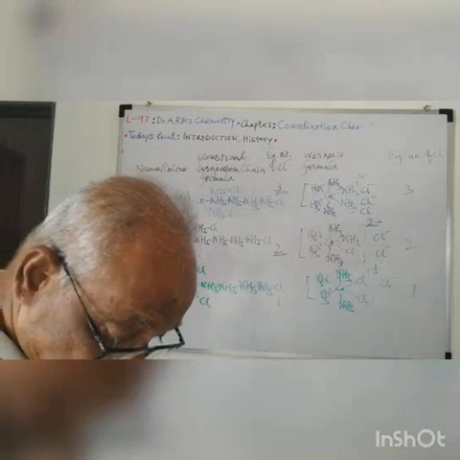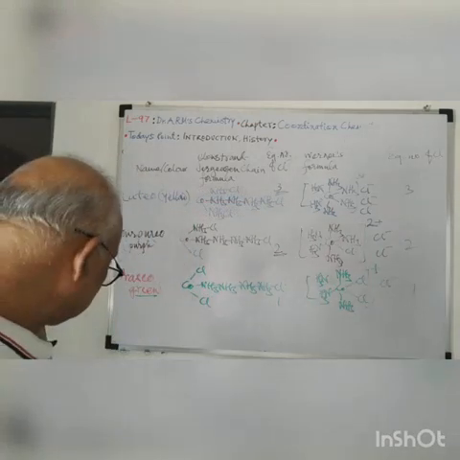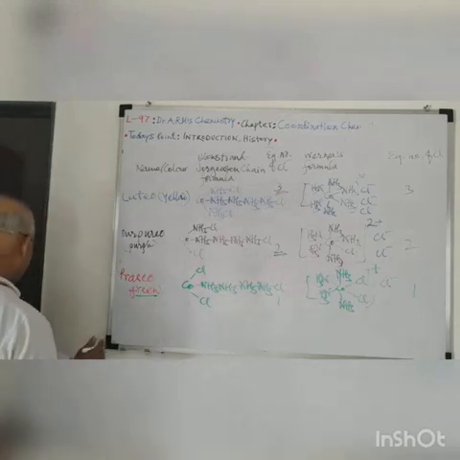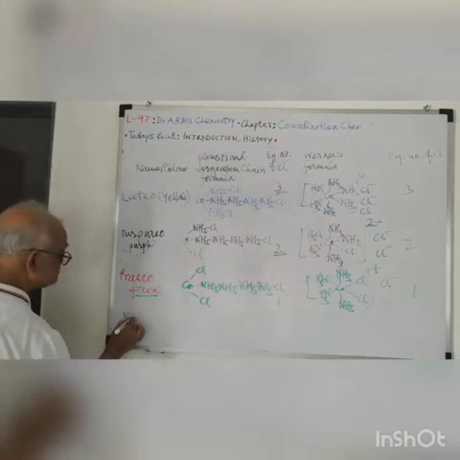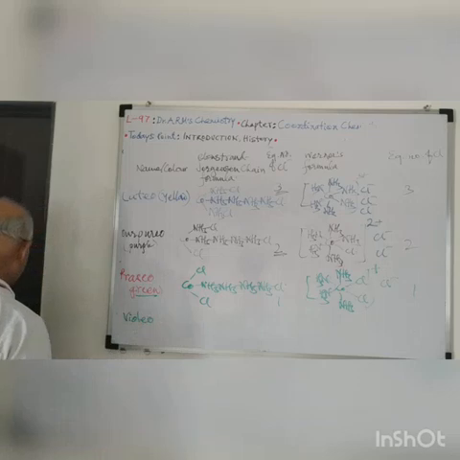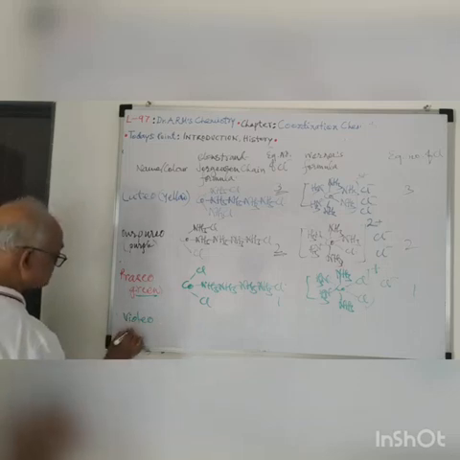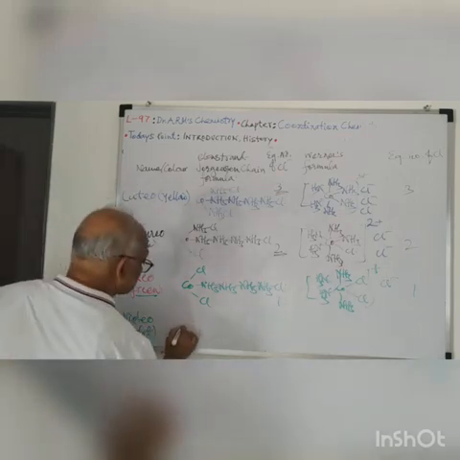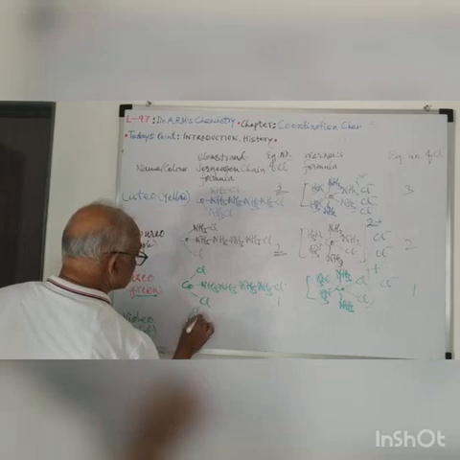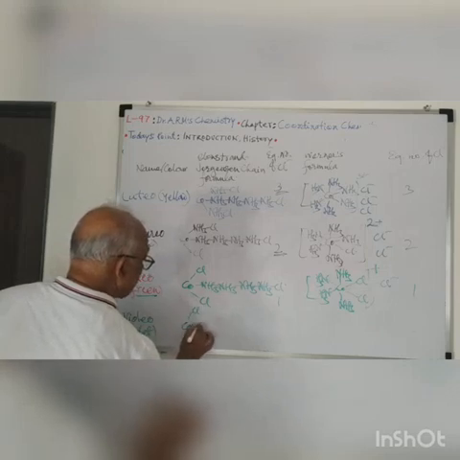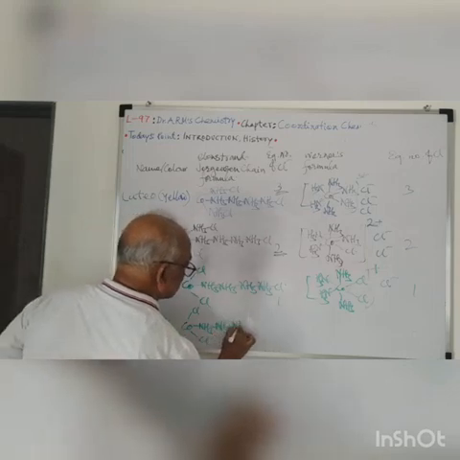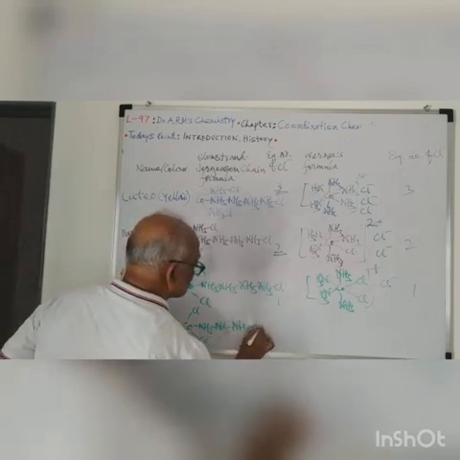Then the last compound is Violeo. It is violet in color and it has a structure like this: Co, Cl, Cl, NH3, NH3, NH3, Cl.